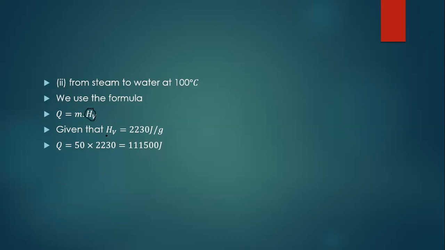For water it is given as 2230, per gram. So we will not change the water, which was given in grams, into kg. We compute the energy by multiplying mass times the heat of vaporization.